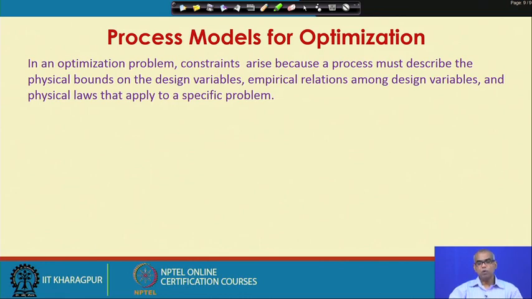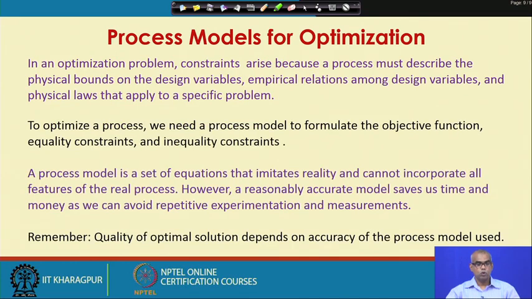So, in an optimization problem, constraints arise because the process must describe the physical bounds on the design variables, empirical relations among design variables, and physical laws that apply to a specific problem. To optimize the process, we need a process model to formulate the objective function, equality constraints, and inequality constraints.